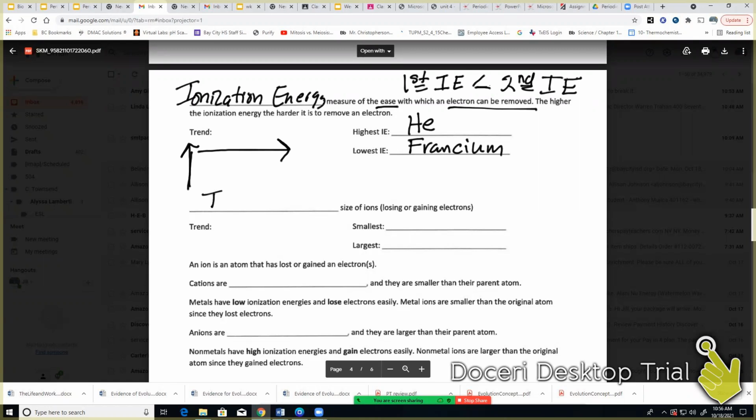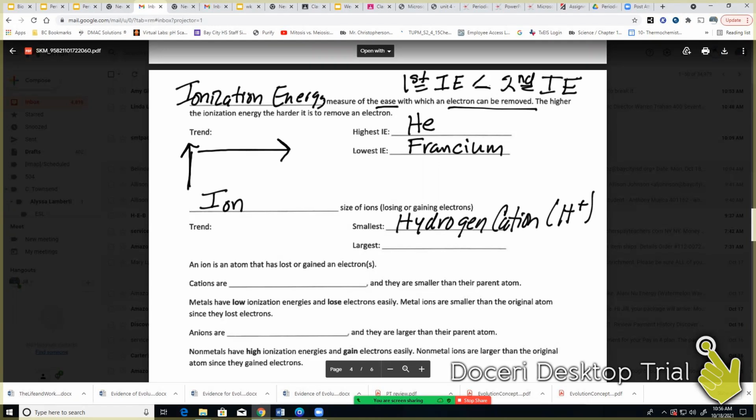The next one that we're looking at is the size of ions, whether they're going to be positive ions or negative ions. So the smallest is the hydrogen cation, H+. As smallest is just energy level 1, and then it's lost its 1 electron.